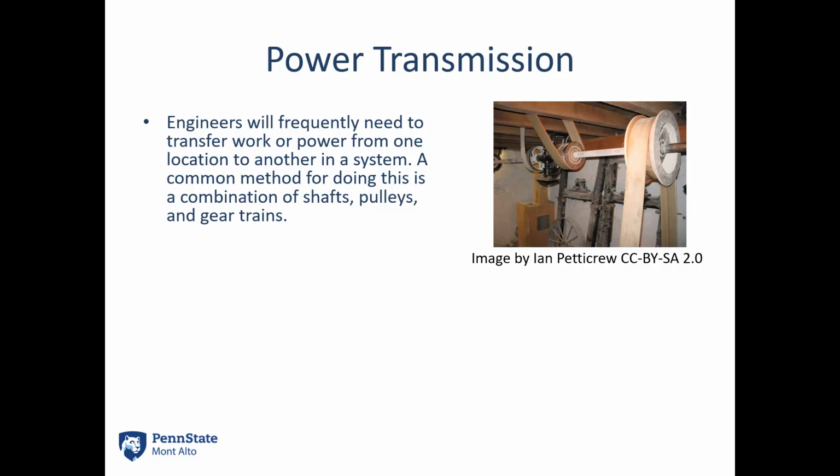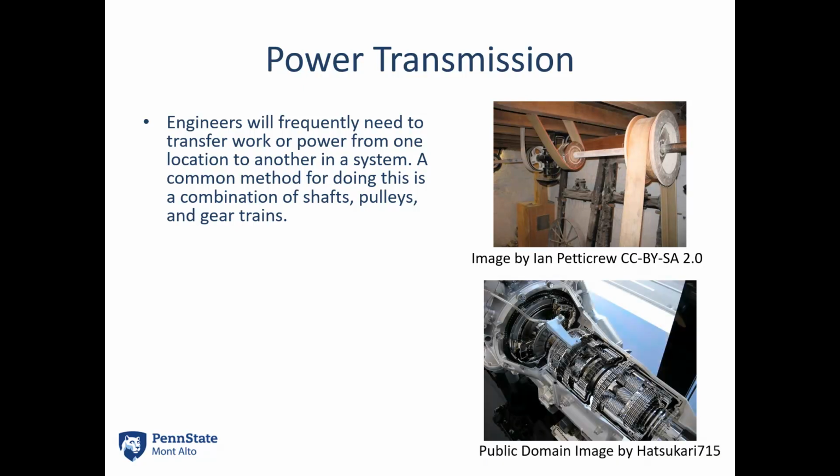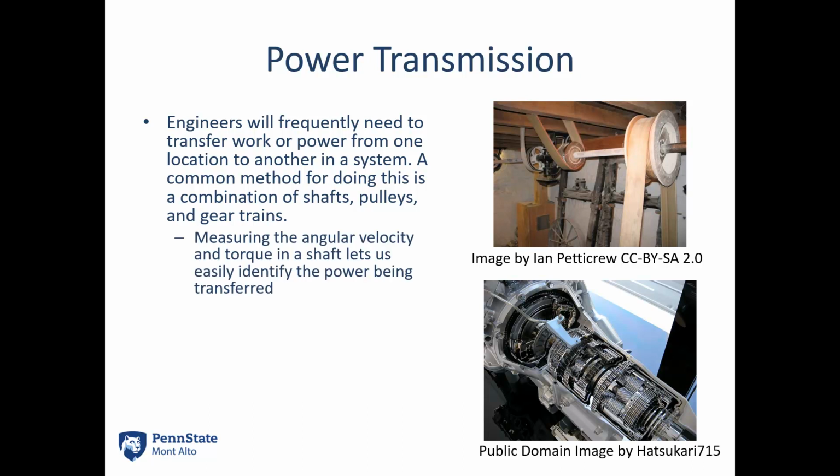It goes from very old systems, where here we've got some pulleys transmitting power through a shaft, to very new systems. The transmission in your car is transferring power from the engine to the wheels of your car. If we measure the angular velocity and the torque in any shaft along the way in our system, that gives us the power being transferred from the input to the output.